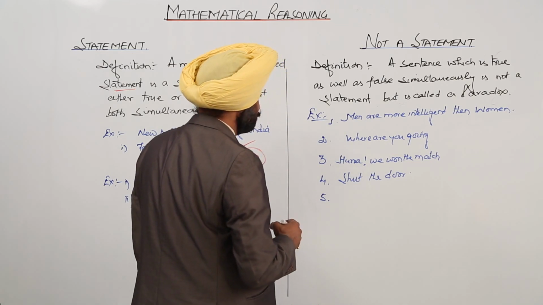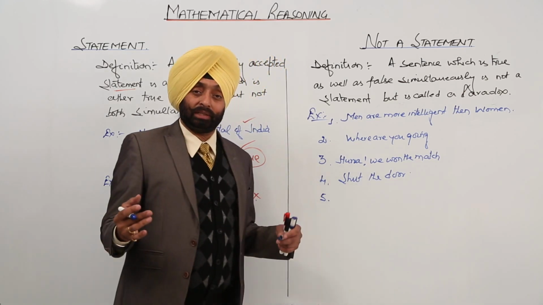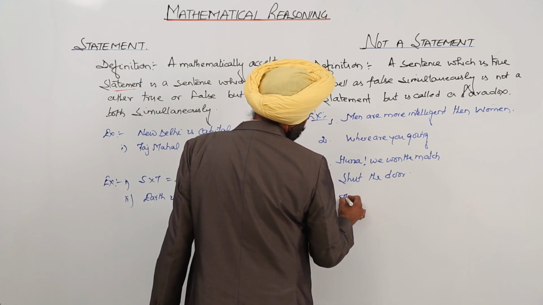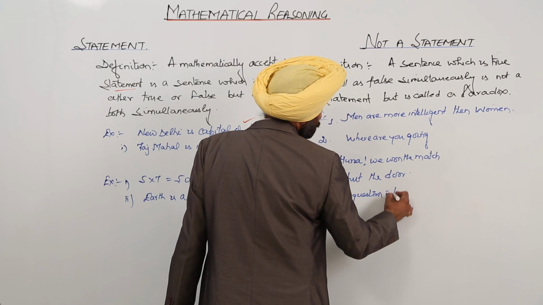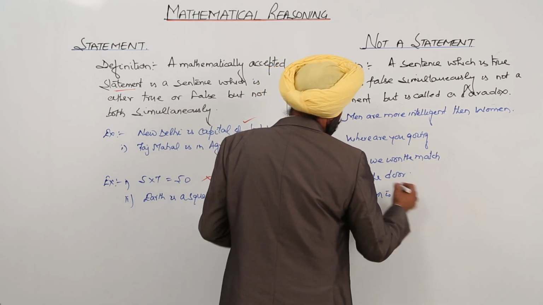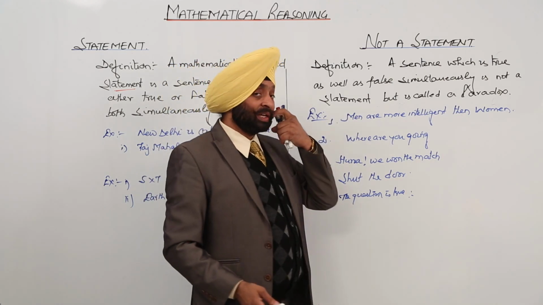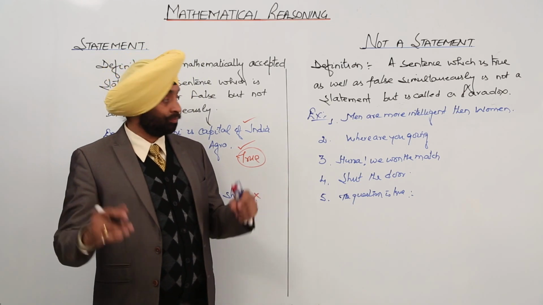Okay, so many more examples are there. This question is not true, this question is false. Okay, the question is true. Now the thing is, for the very first part, men are more intelligent than women, the sentence can be true also, it can be false also.